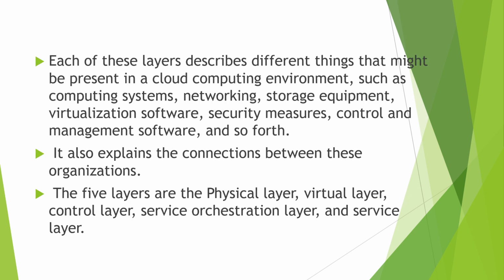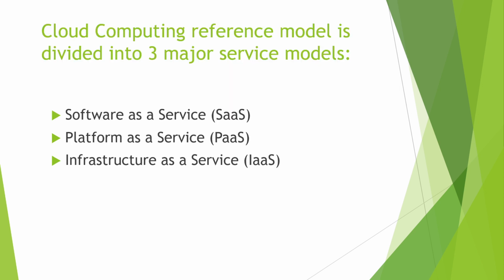Each of these layers describes different things that might be present in a cloud computing environment such as cloud computing systems, networking, storage equipment, virtualization software, security measures, control and management software, and so forth. It also explains the connections between these organizations. The five layers are the physical layer, virtual layer, control layer, service orchestration layer, and service layer.